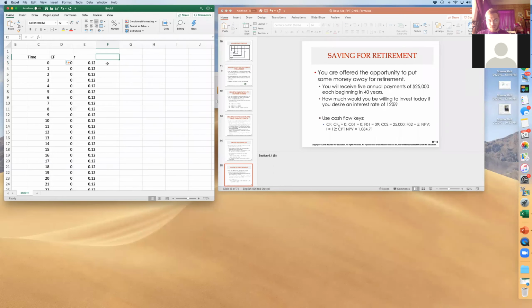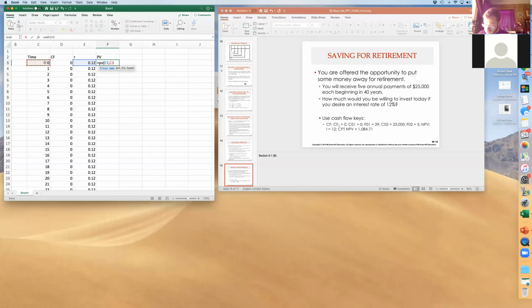But when we want to find the present value, same thing as always, we're going to hit equal present value, open up the parentheses, the interest rate is 12%. The number of periods in which we're bringing back each cash flow: this first cash flow is in time period 0, and we're going to bring it back only 0 times.